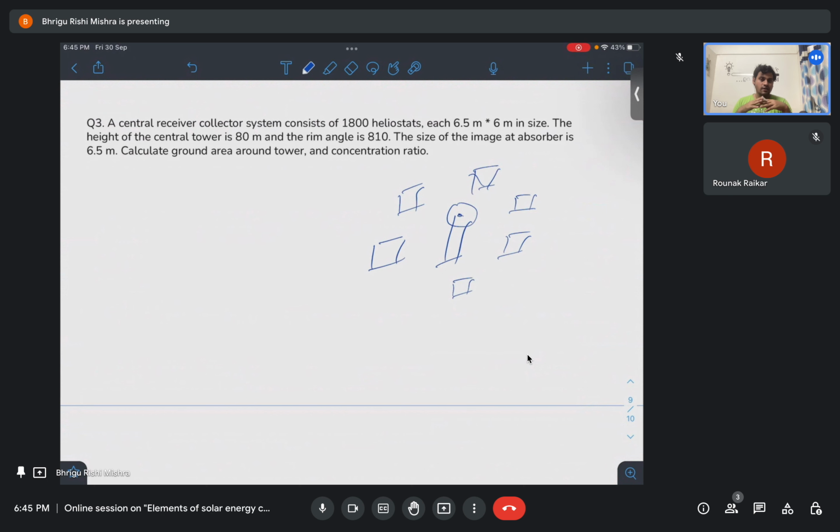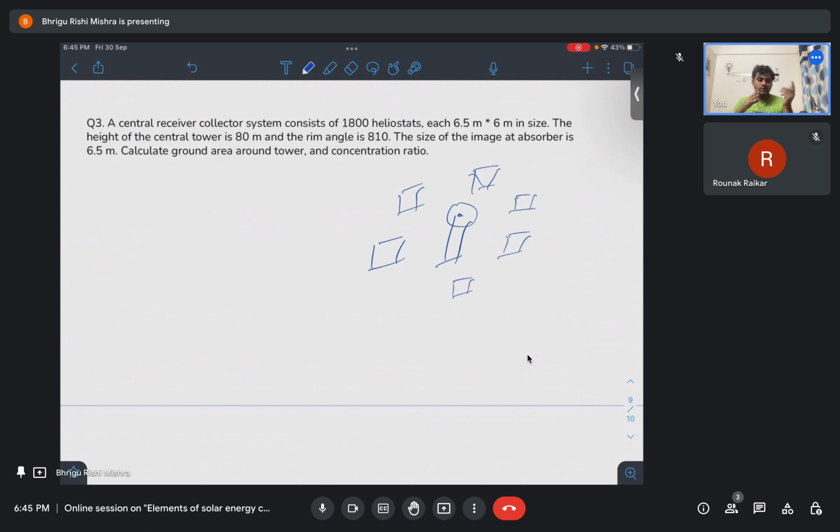So that is why there are a lot of patterns. If you search for research papers on optimization of these heliostat fields, you will get a lot of papers where they have generated algorithms to place these heliostats, depending upon the constraints. That means one heliostat shouldn't shade the other, and neither should it block the reflected radiation.